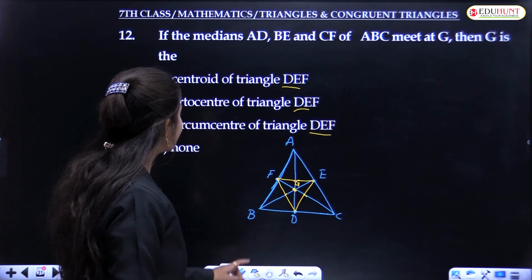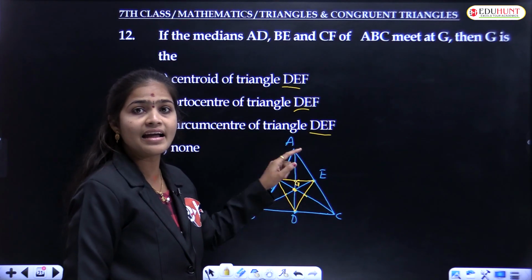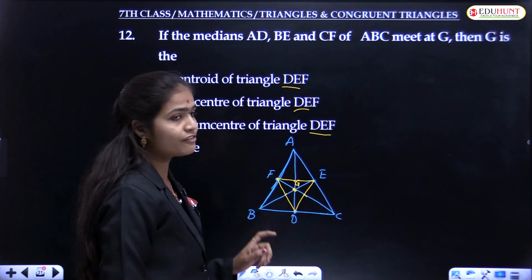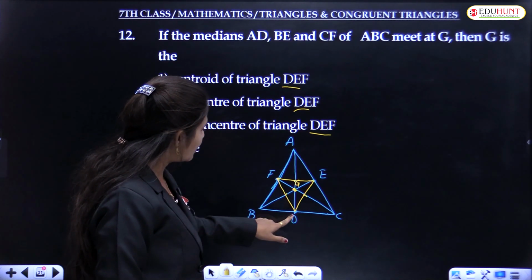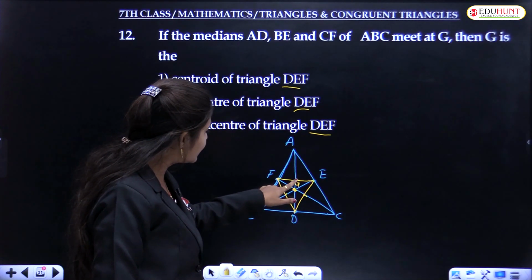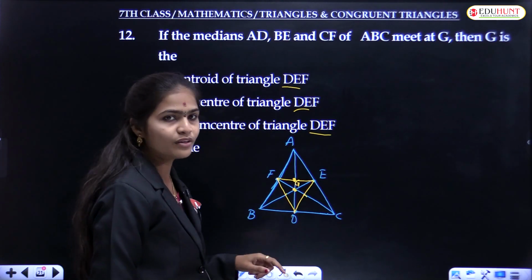Here G is the centroid of triangle ABC as well as the centroid of triangle DEF. Observe that we took the middle points. Here between D and G we wrote nothing, so this is also one of the medians.